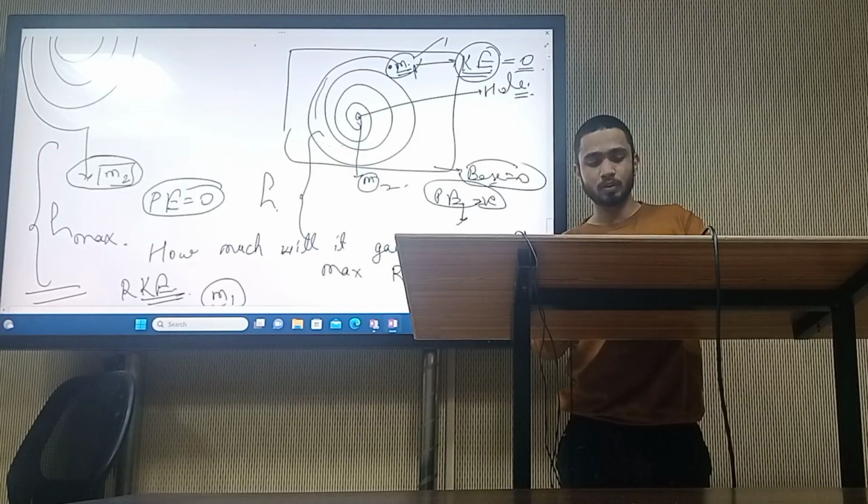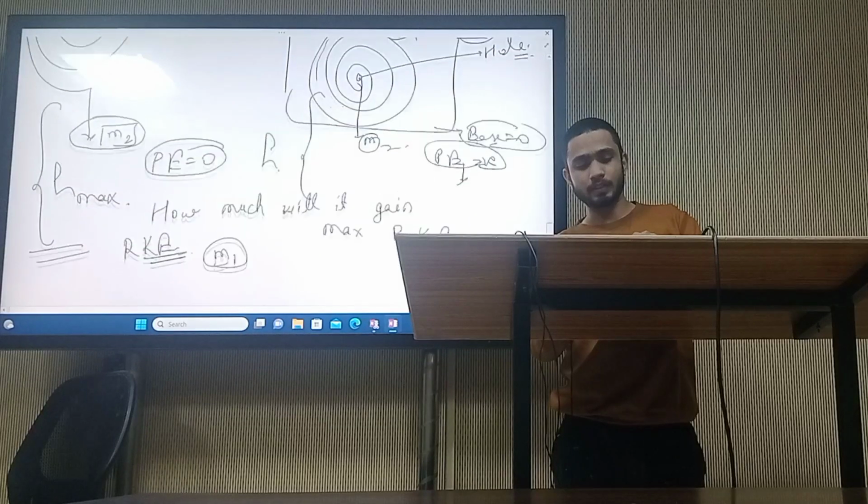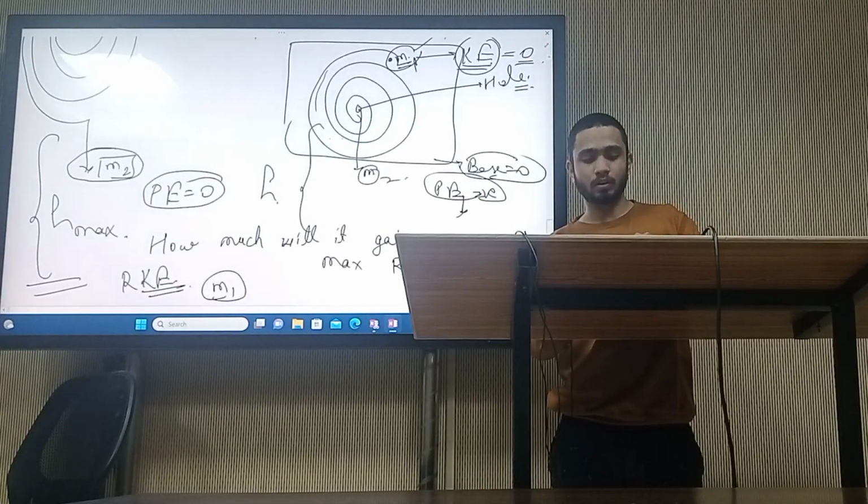But the moment of inertia in this case will keep on changing, because the radius of this disk keeps on changing.